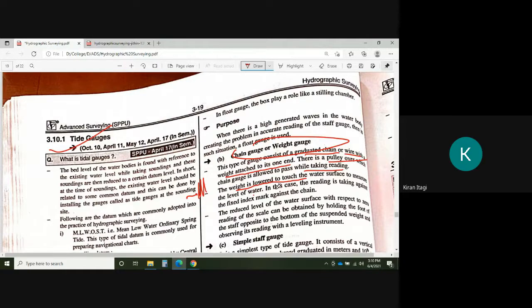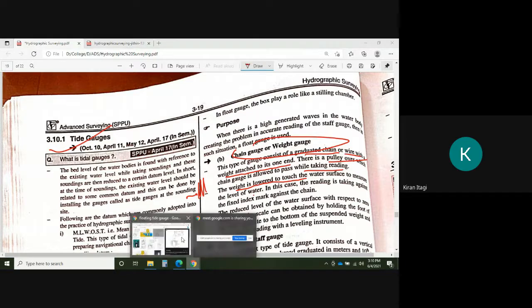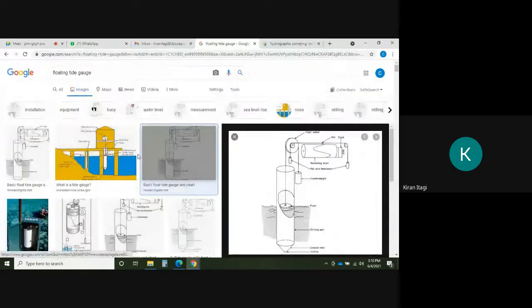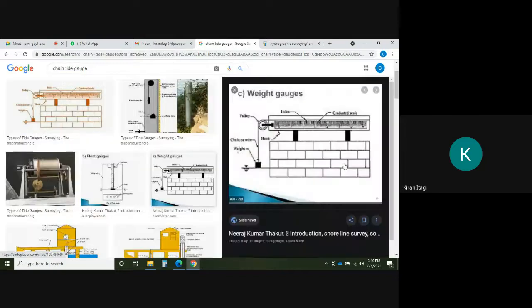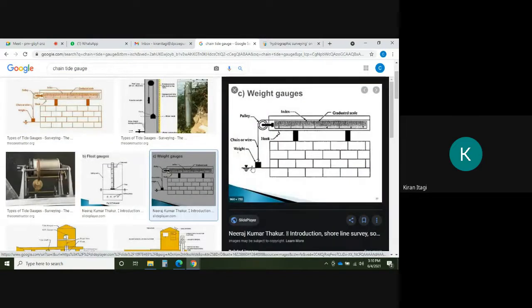Chain gauge, once again I will check it. Yeah, here I have got the weight gauge. Yes, this one. See here, you can see there is some weight, which is just touching the water level.